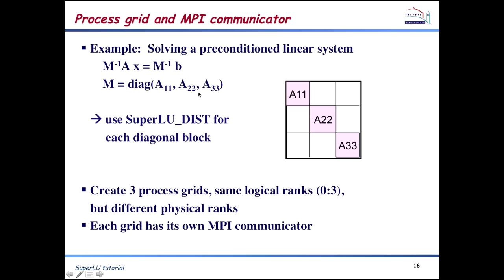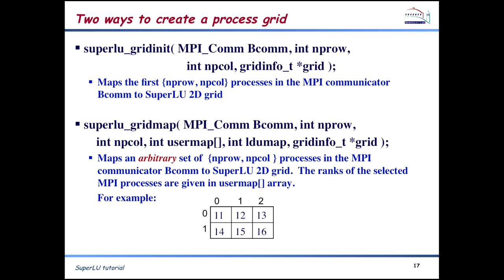So in this case, you may want to run parallel SuperLU on each of these A11, A22 blocks. Okay, so that means, for example, if you use 12 processors, you divide into 3 groups, and each group will use 4 of those processors. So this usage scenario is supported.